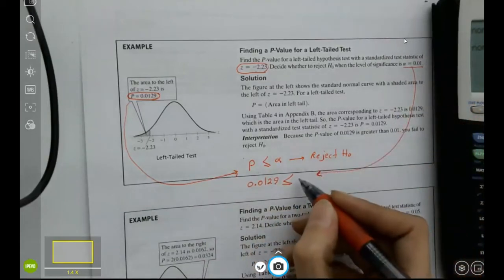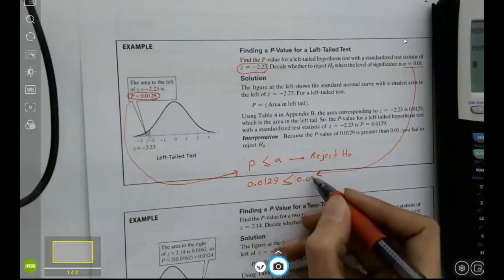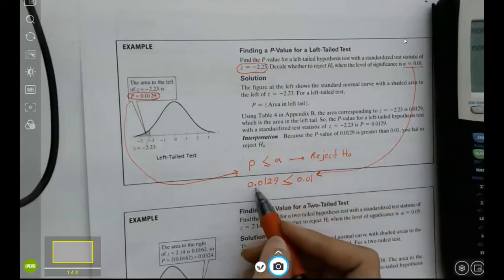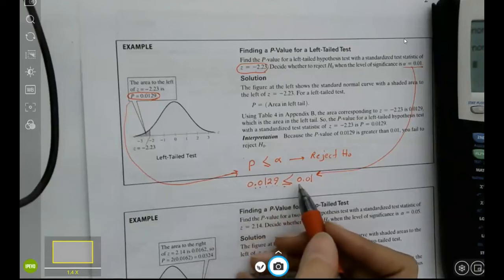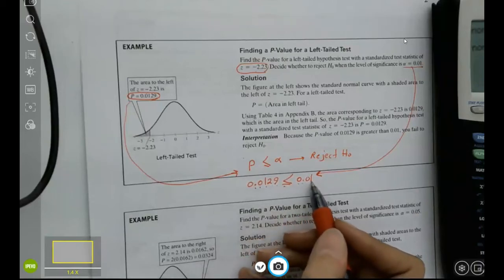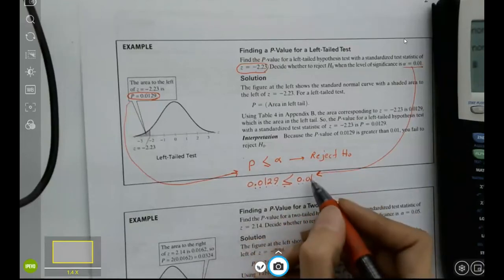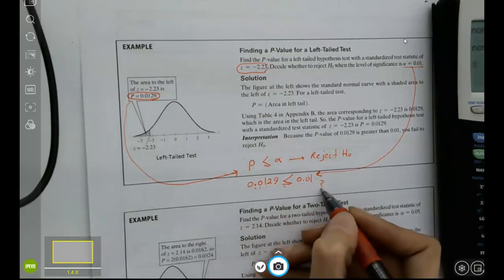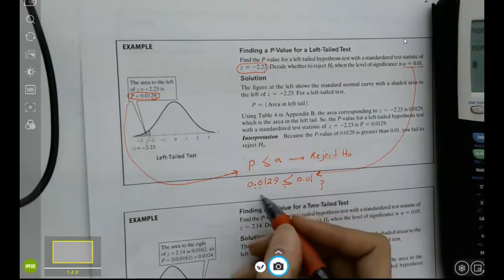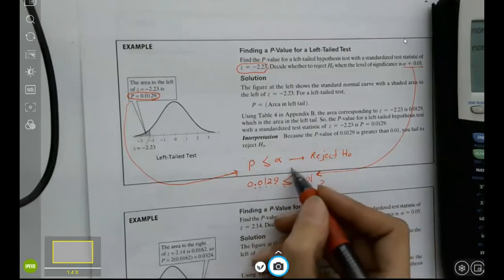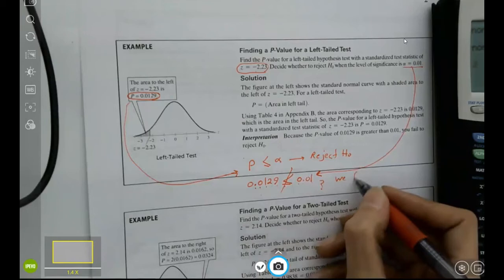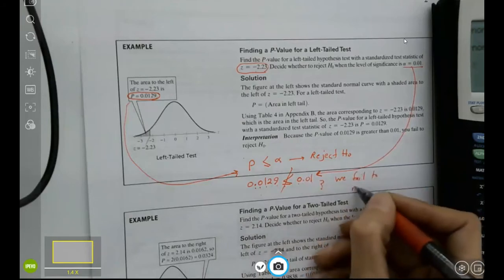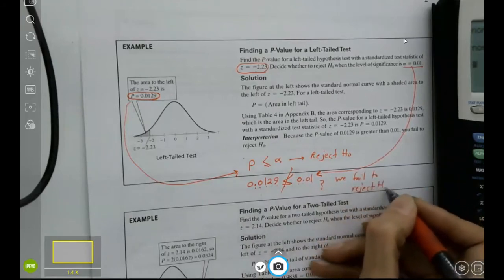Alpha is just 1%. So is 0.0129 less than 0.01? Of course not. This is greater. So do we reject the null hypothesis? We fail to reject the null hypothesis.